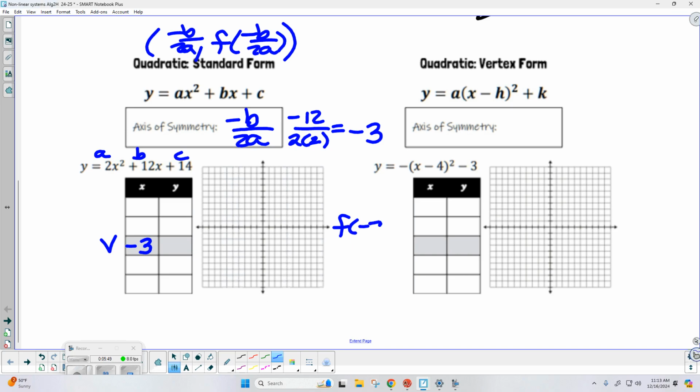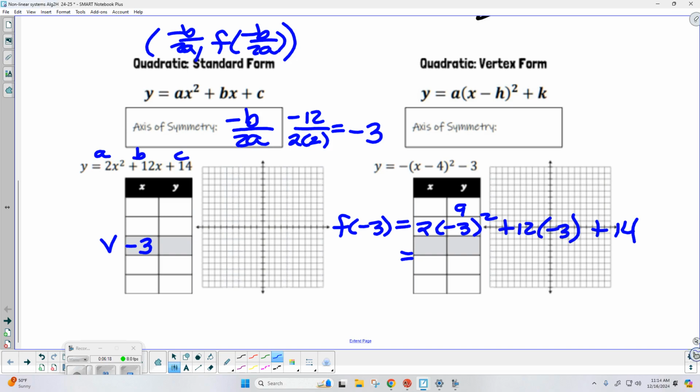So f of negative 3, this is going to be 2x squared. So that's 2 times negative 3 squared plus 12x. Okay, so plus 12 times negative 3. And then we have a plus 14. All right, so let's see what we got here. I need a negative 3 squared. So that's a positive 9.